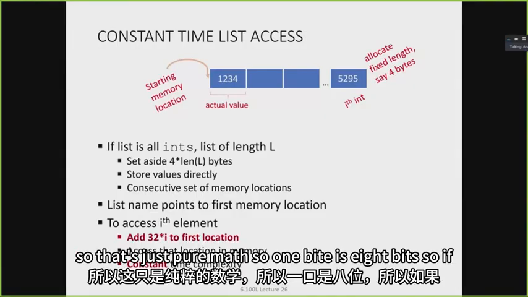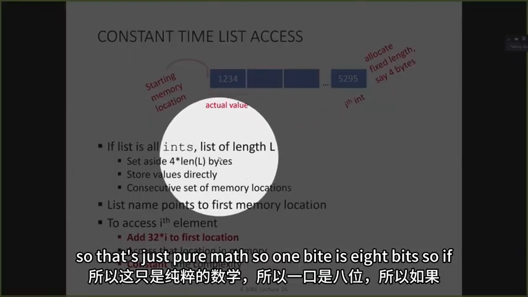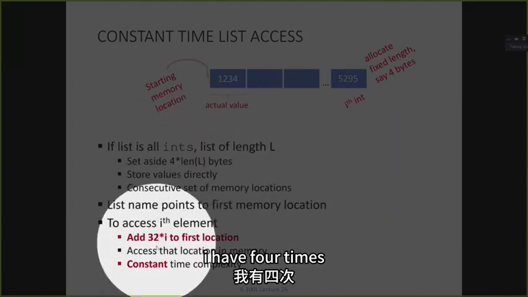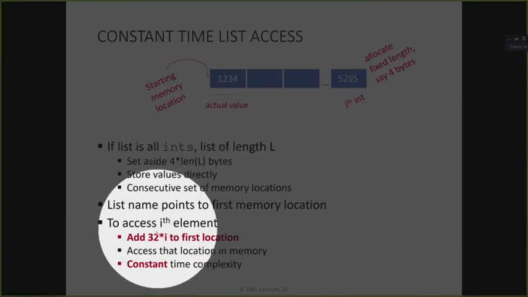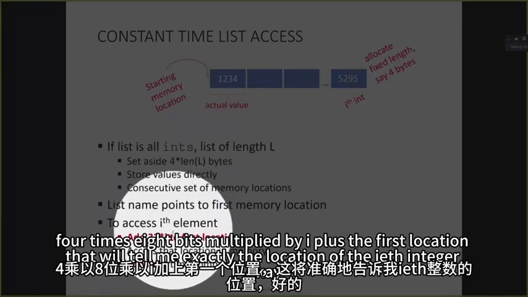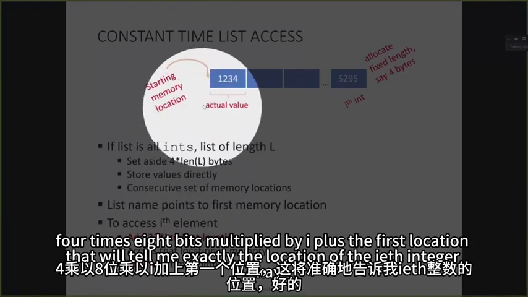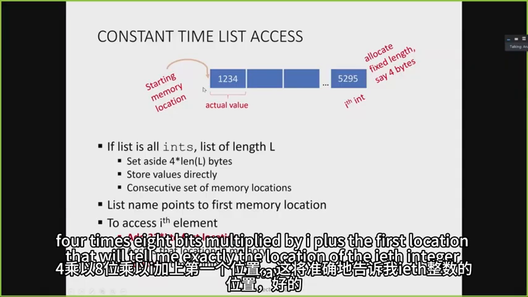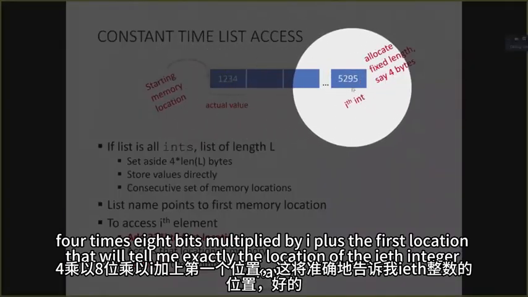So that's just pure math. 1 byte is 8 bits. So if I have 4 times 8 bits multiplied by i plus the first location, that will tell me exactly the location of the ith integer, okay?